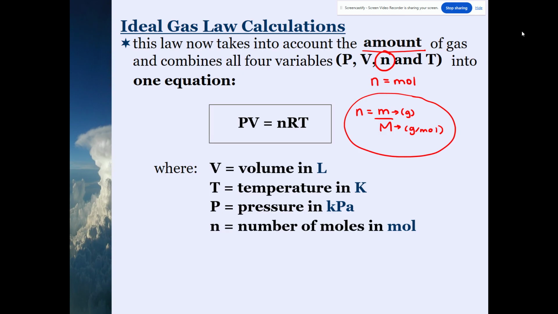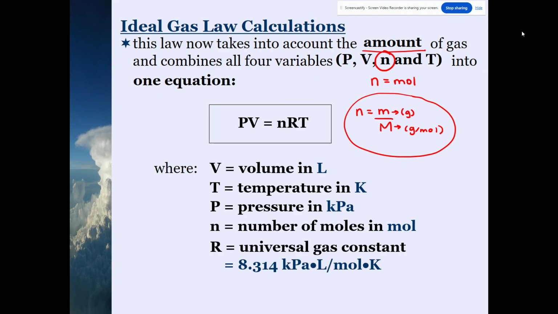Now, there's one other number in that formula. That is R. R is known as the universal gas constant, okay? The numerical value for it is 8.314. And it has some funny looking units because if I were to rearrange this formula and solve for R, I would divide both sides by n and T. Right?